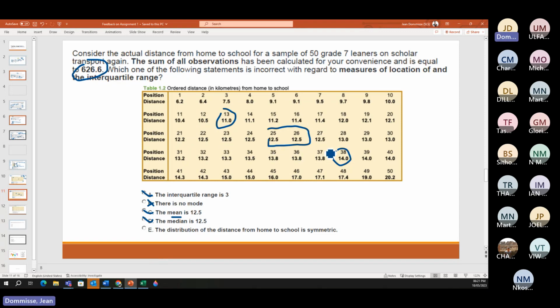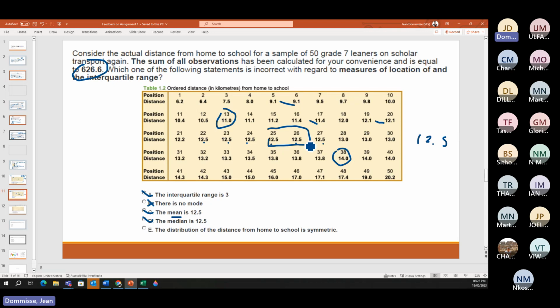So mode is the number that appears the most. So that appears once, once, once, once. So there was something that appears twice. Once, once, once. So there's again twice. Okay, 1, 2, 3, 4, 5, 6. So 12.5 appears 6 times.